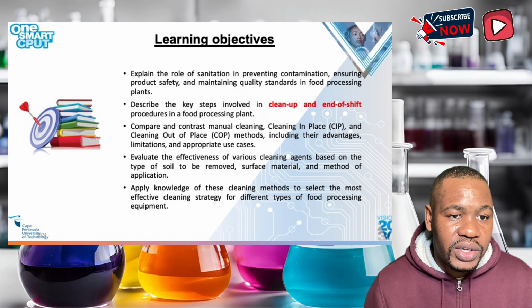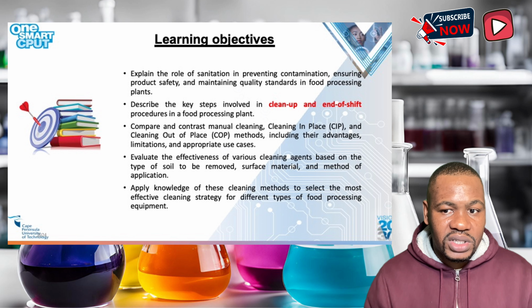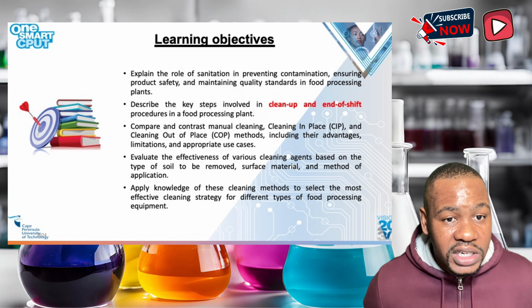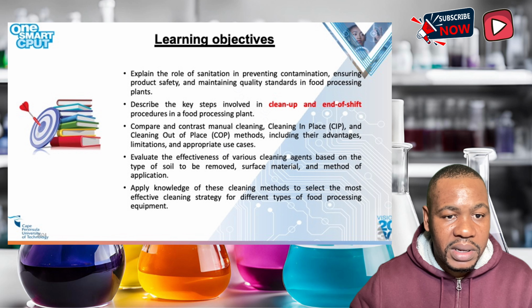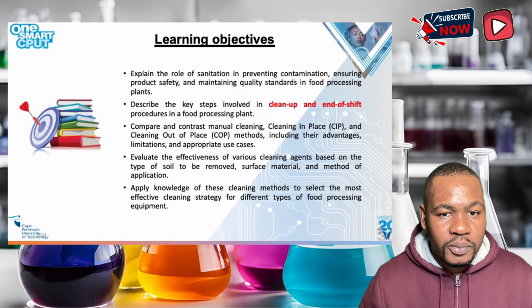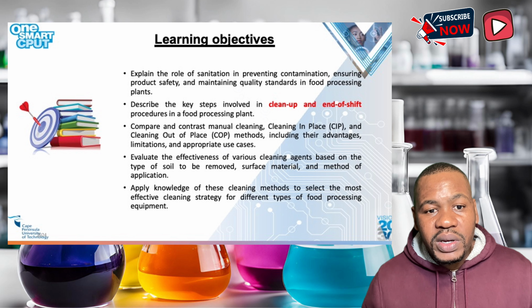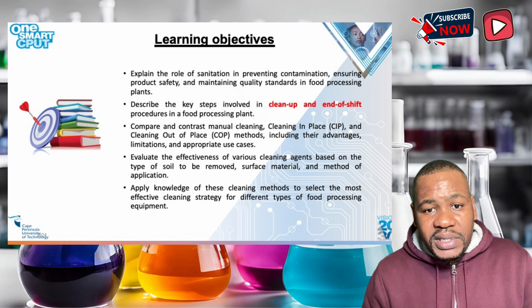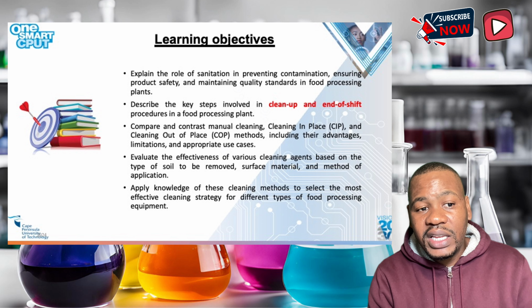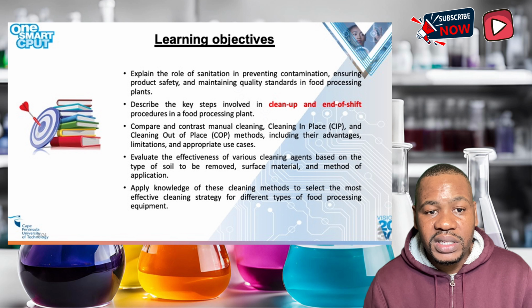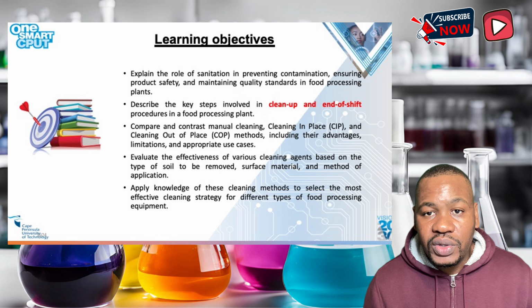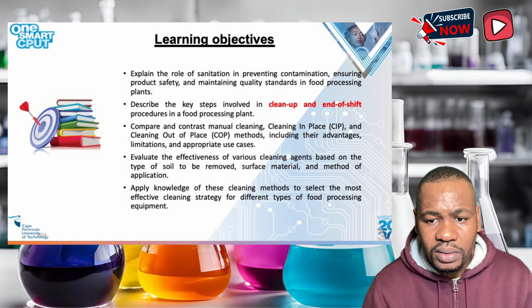But I also want you as a student at the end of this chapter to be able to differentiate between the various cleaning methods. So we've got manual cleaning, we've got cleaning in place, we've got cleaning out of place. And what we need to do is perhaps delve deep into what are the advantages and limitations of each of these methods and what are the appropriate use cases for these methods.